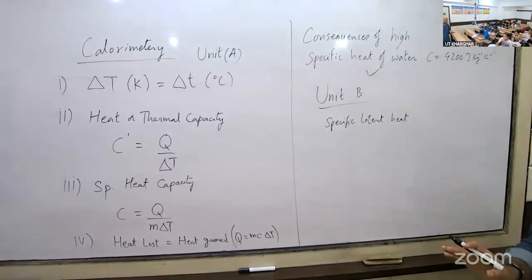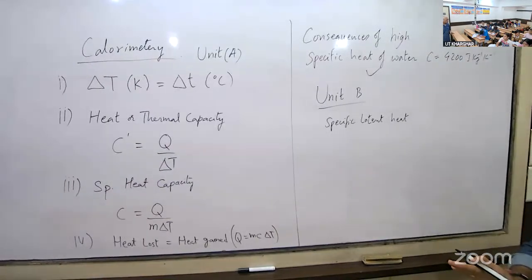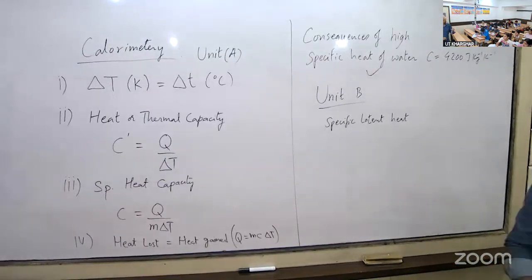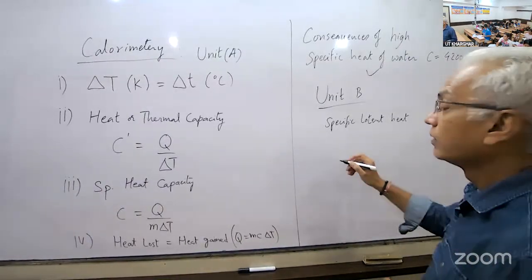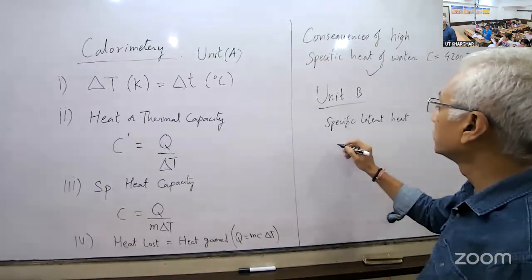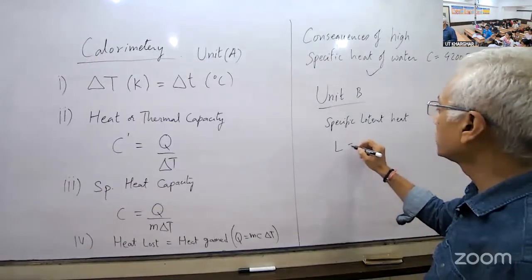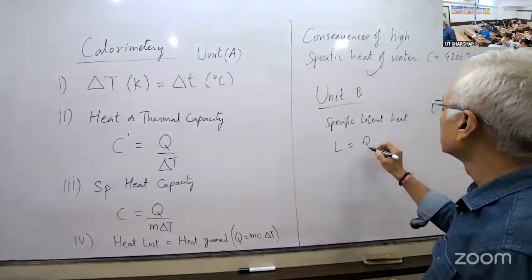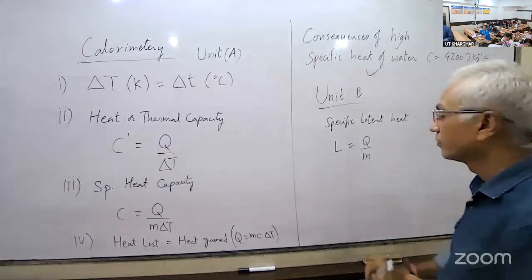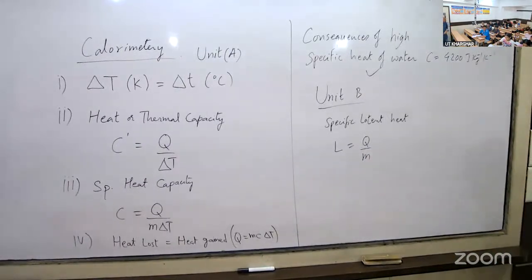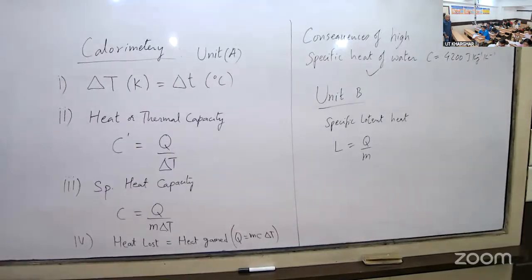Do we have any topics left after this? Okay, we have one more. So what is the formula? L is equal to Q by m. Right? There is no change of temperature whenever heat is absorbed during change of phase.